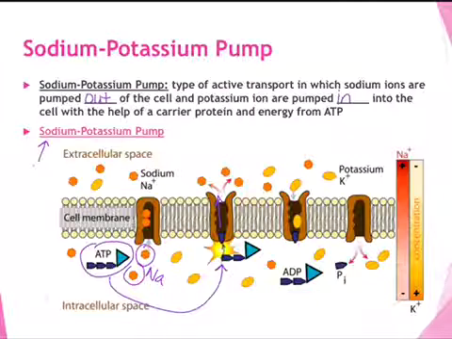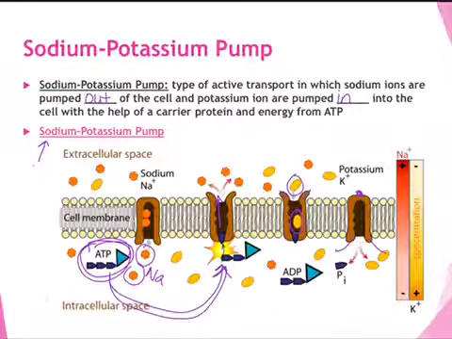And as that carrier protein opens to the outside of the cell, these two potassium ions will enter the carrier protein, and then that signals the carrier protein to close, and it will open up on the inside of the cell. So it's an exchange of sodium ions for potassium ions, and it's active transport because we need this boost of energy in order to do this.